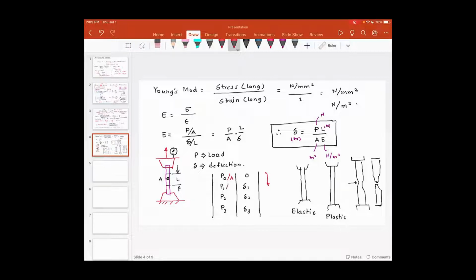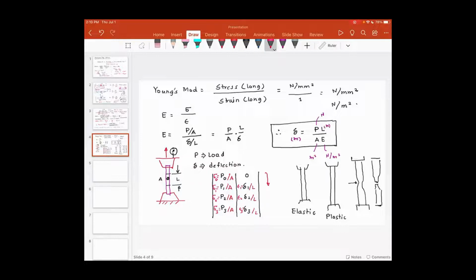Now, what I'm going to do is, in the next step, I'm going to divide these loads by areas, the initial area, unstretched area. And I'm going to divide the deltas by initial lengths. And what I have here is I have stresses, sigma 0, sigma 1, sigma 2, sigma 3, and I have epsilon 1, epsilon 2, epsilon 3, and so on.